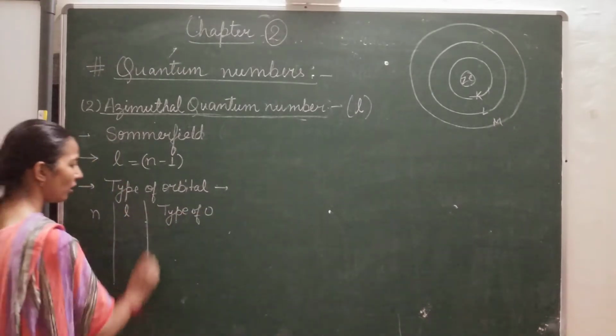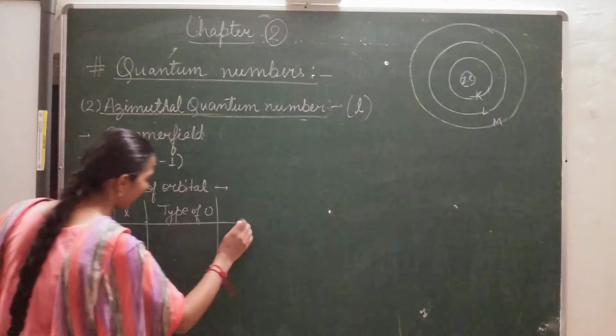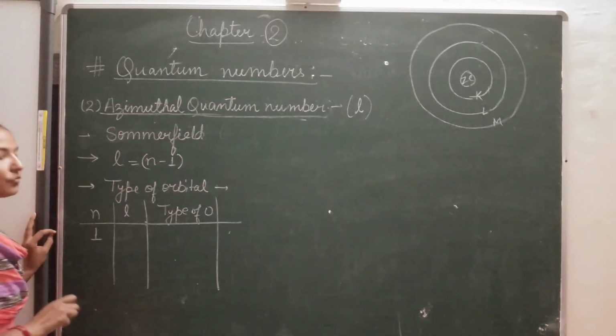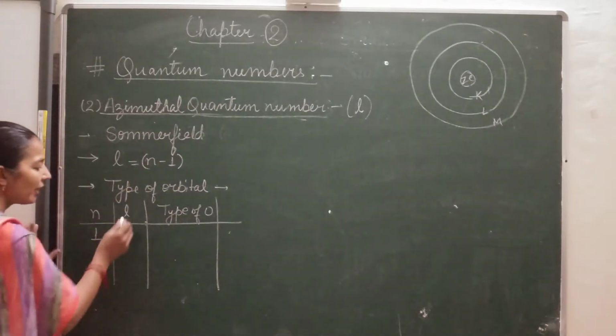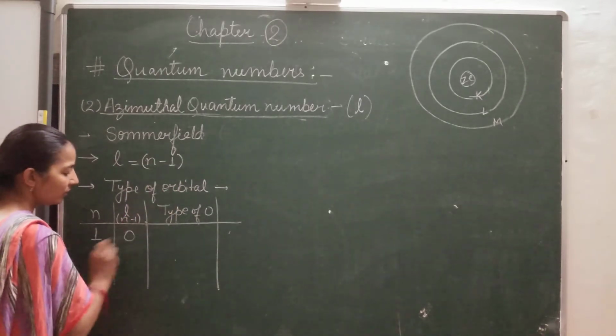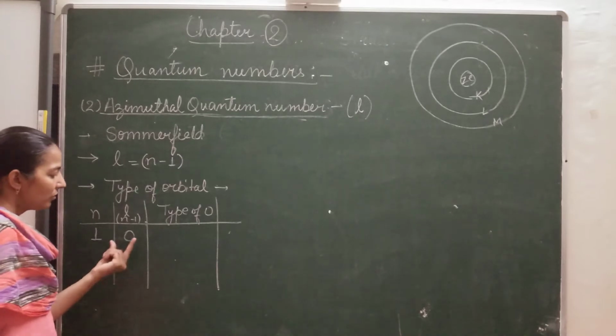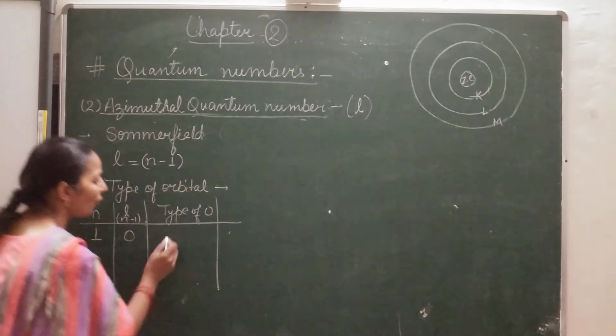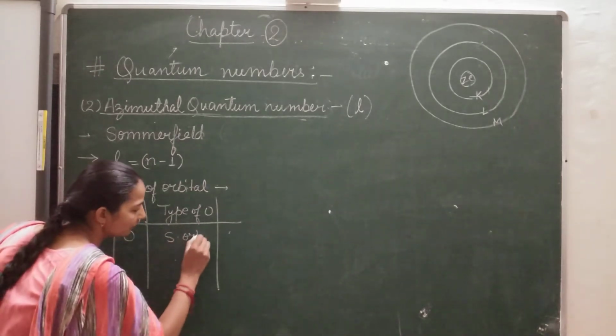So this is a small table. For n equals 1, that is the K shell, the value of L will be n minus 1, that is 0, and the value of L is 0 for the s orbital.